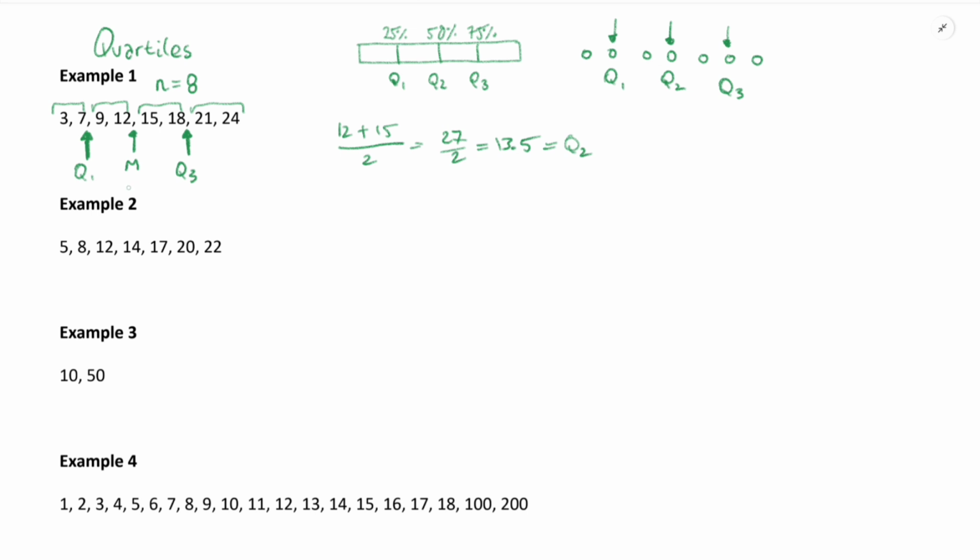We already found the median in the middle, quartile 2, to be 13.5. And quartile 3 now is going to be 18 plus 21 all over 2, which is 39 over 2, which is 19.5. You could do that as well by finding the difference between them, which is 3, and then halving that and adding it onto 18.